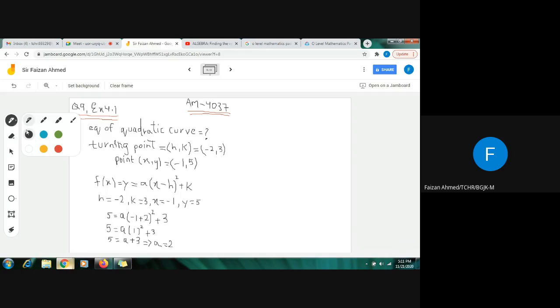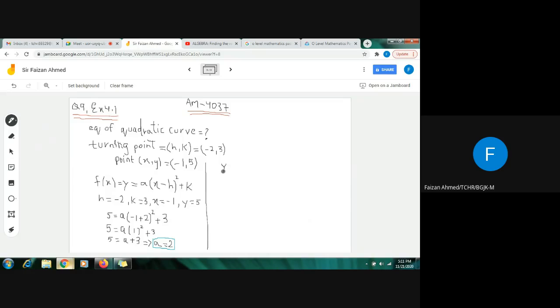The value of a turns out to be 2, and I will now again use the vertex form and put in the values to make my equation. Going on to the next column, I have the value of a and the turning point as well, but this time I will not put in the values of x and y.